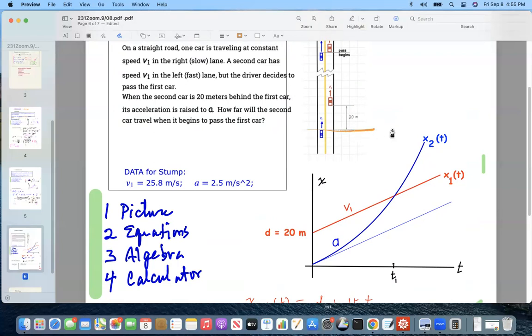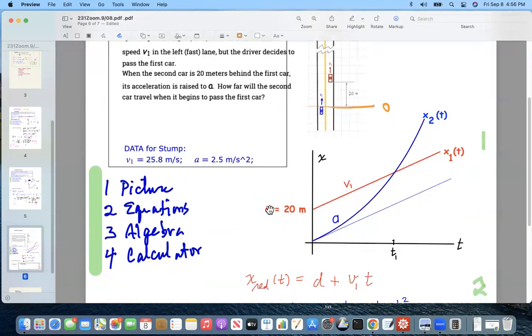The red car is at 20. And I'll call that number D, because I want to write the equations not in terms of numbers, but in terms of symbols. So I'll call that D.